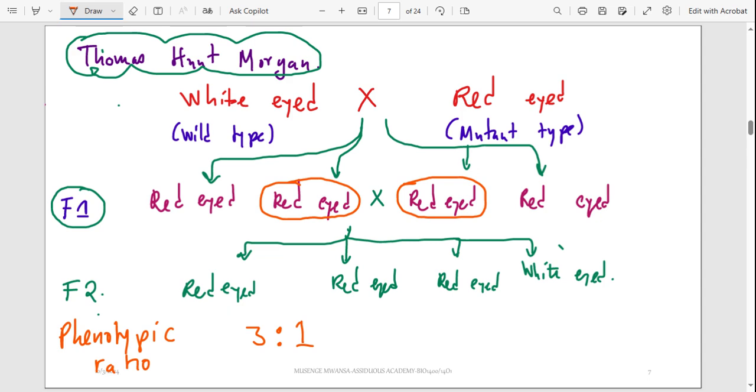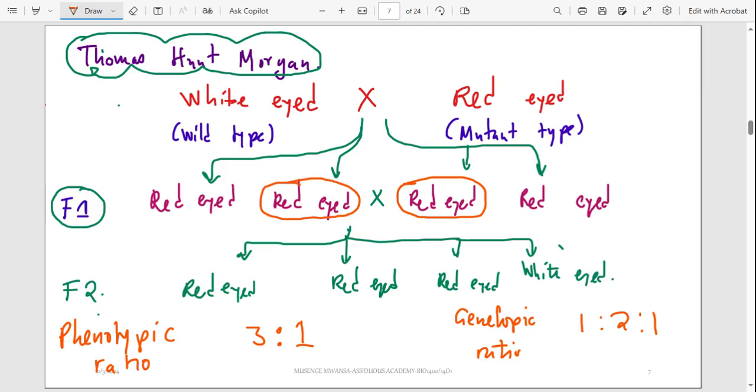And that's known as a genotype. So the genotypic ratio that he discovered was actually 1 to 2 to 1. Now we are going to understand these ratios a bit more later.